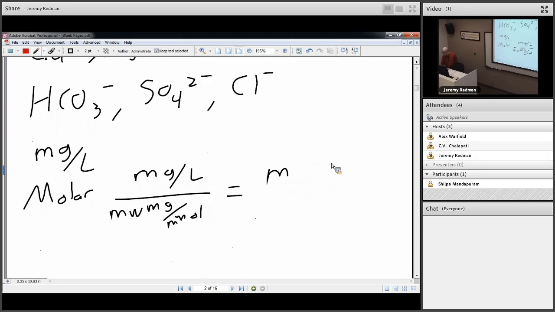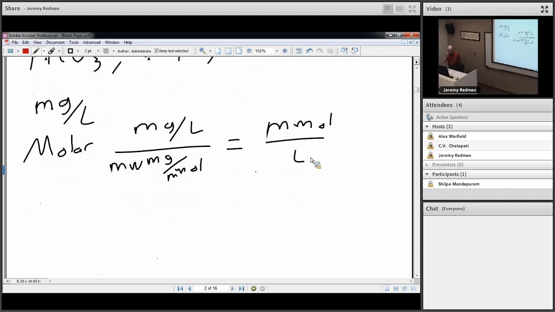This is going to give us millimole per liter. Molar units are useful if we're dealing with stoichiometry and chemical equations. All the equations are written with stoichiometric coefficients that are based upon moles and not upon mass. So we need to use molar units to solve any problem that involves a chemical equation.